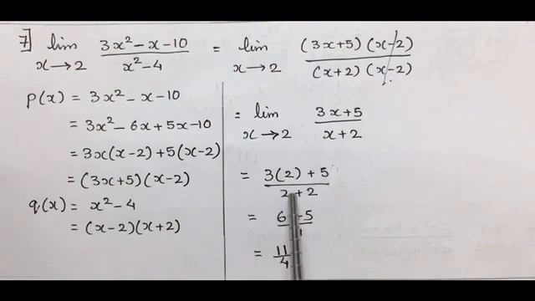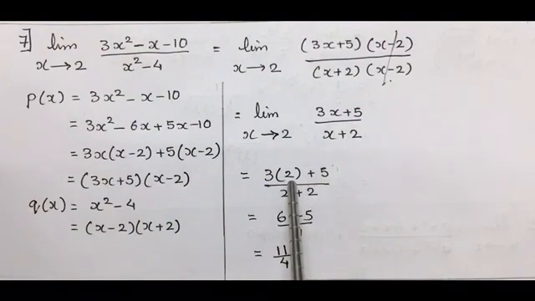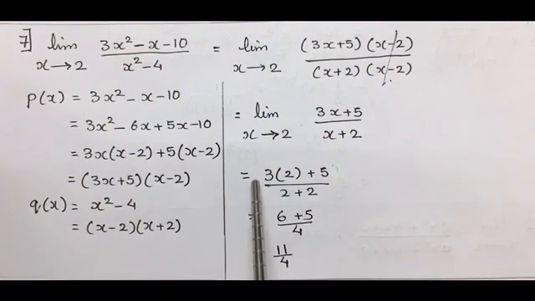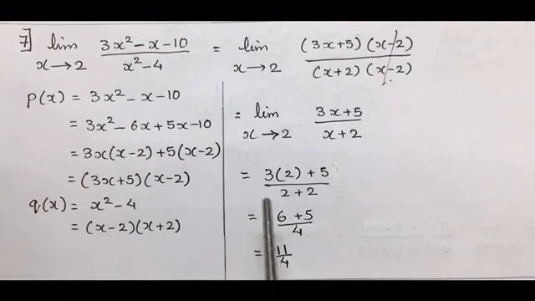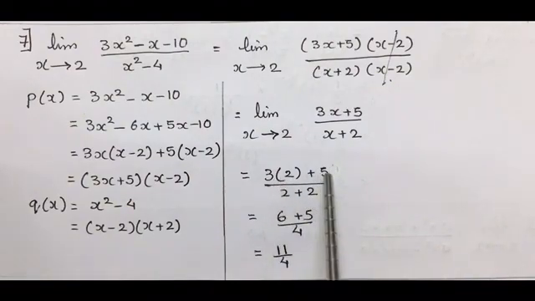Now I have already told you that once the value of x is substituted, we are not supposed to write limit here. So keeping the value of x as 2 wherever x is there, it becomes 6 plus 5 divided by 4, and the final answer becomes 11/4.